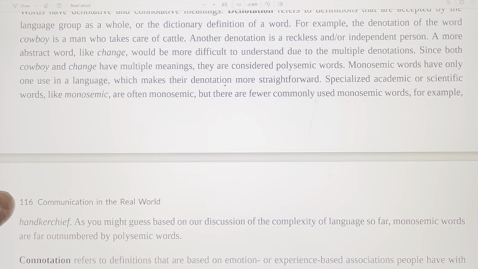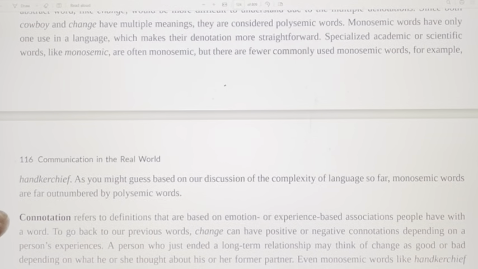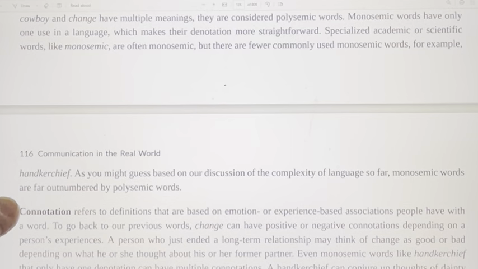Since both cowboy and change have multiple meanings, they are considered polysemic words. So poly, many, semic, words. Monosemic, mono is one, words that have only one use in a language, which makes their denotation more straightforward.